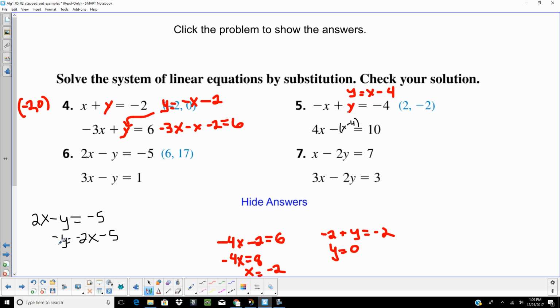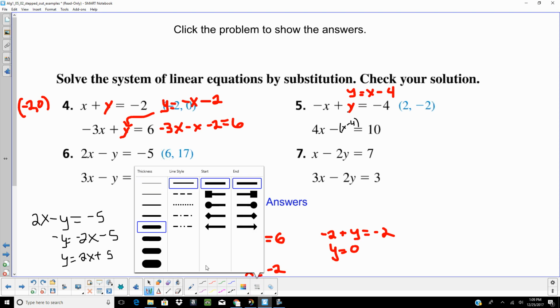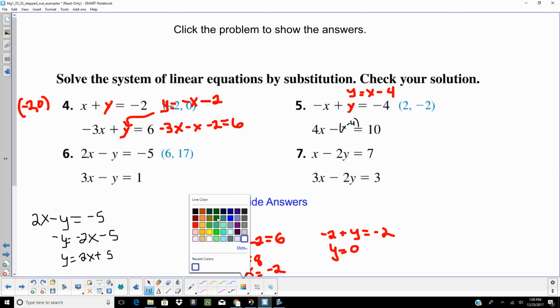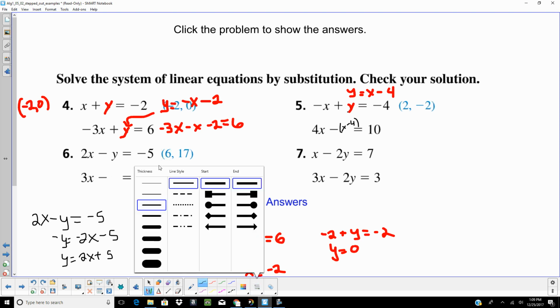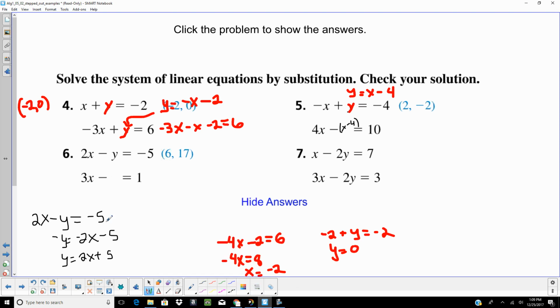And then I would have divided by -1. So y equals 2x plus 5. I would have then plugged that into the second equation. And again, you need to be careful of those signs because you're subtracting that whole expression of 2x plus 5.